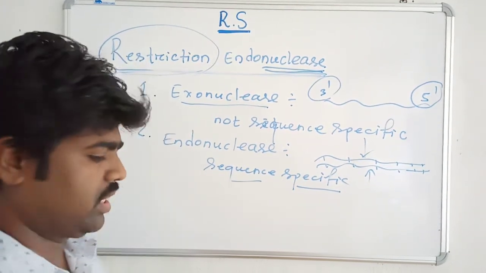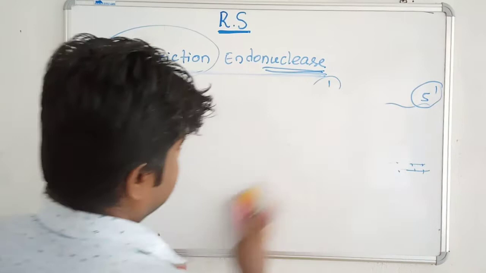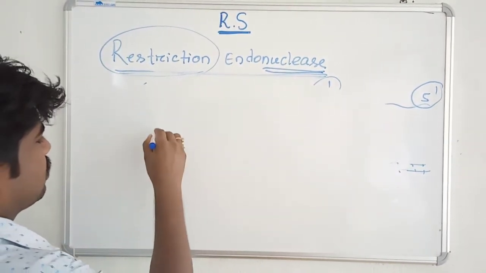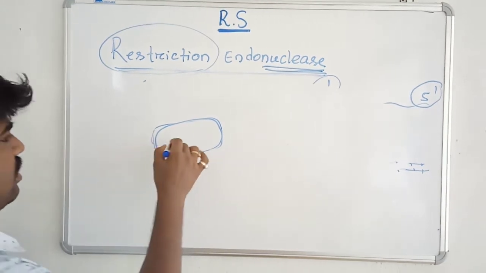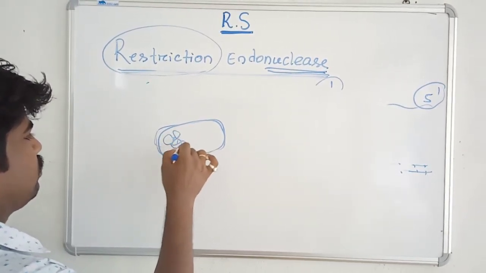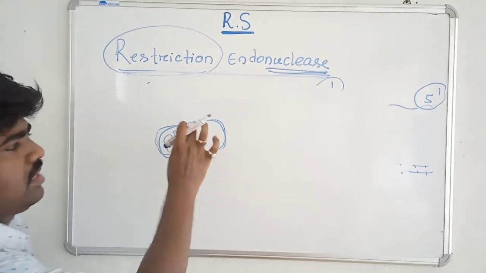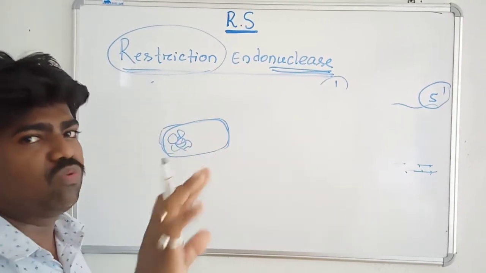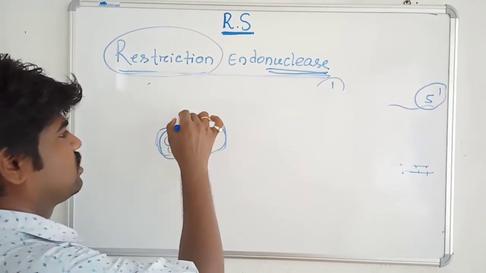So now I am taking an example. I am explaining here that suppose this is one of the bacterial cells, and this is the genome, the chromosome of this bacteria, right? And these bacterial cells are infected by one type of virus, which is known as the bacteriophage.